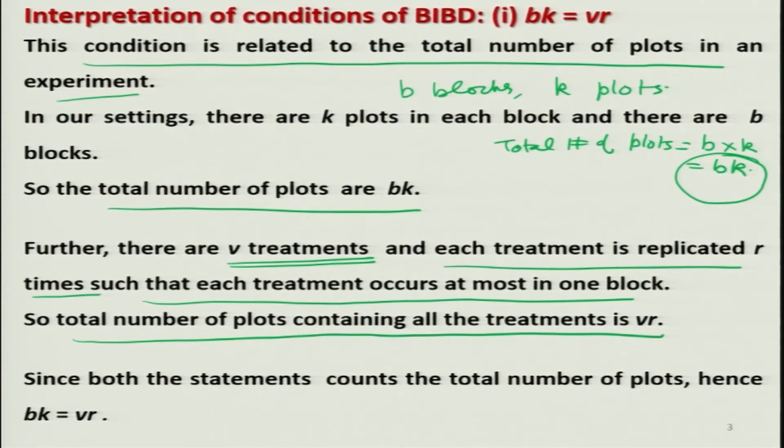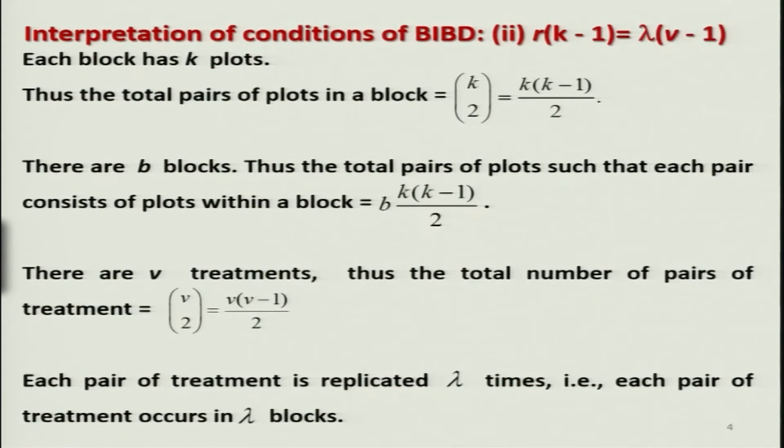Now both the statements, that is the total number of plots and the total number of plots containing all the treatments, are the same, because both the statements count the total number of plots in two different ways. Hence, we can say here bk is equal to vr. So that is the proof of this property. Now we come to the second property, which was r into k minus 1 is equal to lambda times v minus 1.